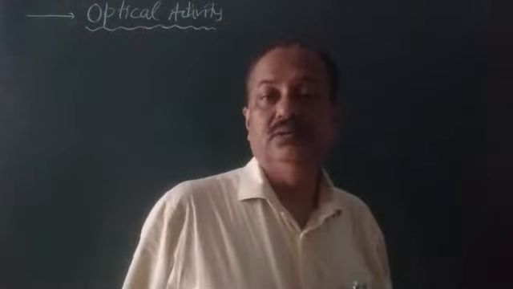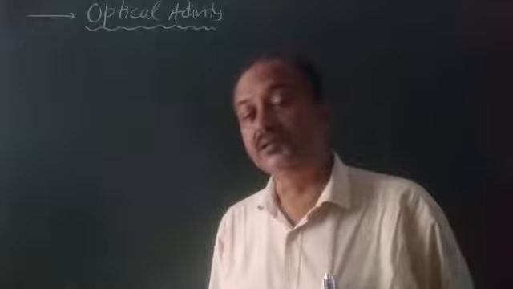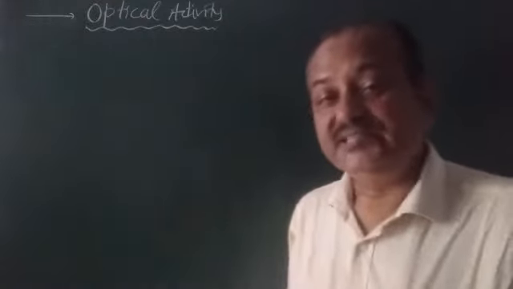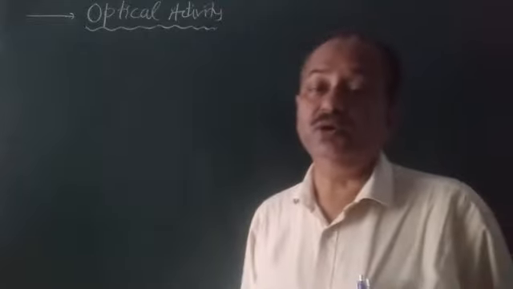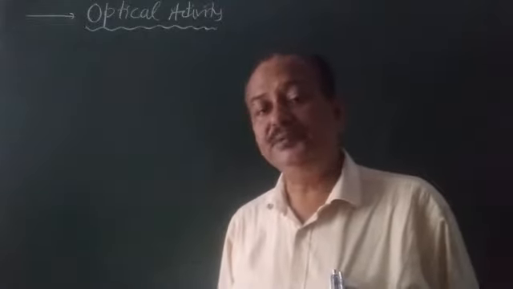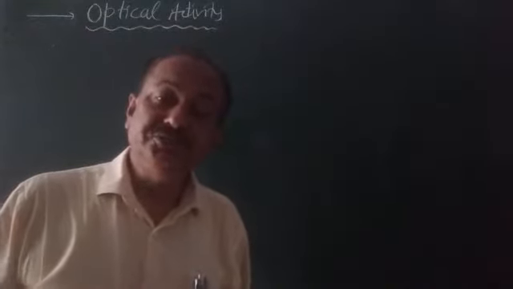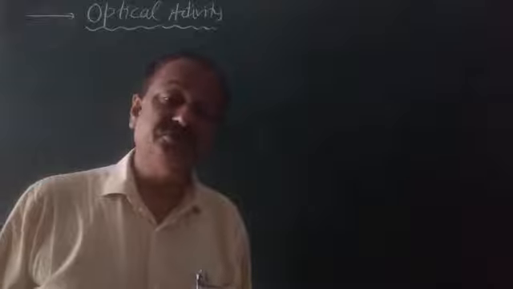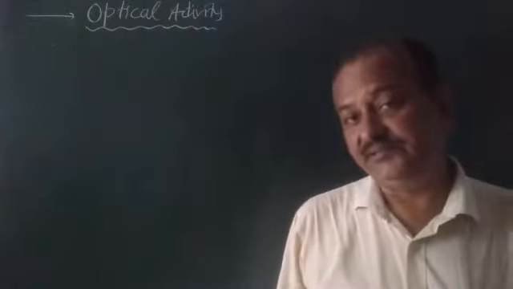In this video, I am going to explain very important points about the SN1, SN2 mechanism, and it is explained by optical activity. So, optical activity is basically a tool to provide the stereochemical evidences of SN2 and SN1 reaction.